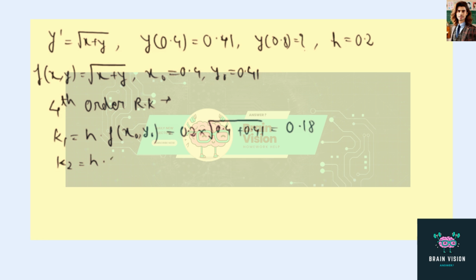Then k2 would be h into f of x naught plus h by 2 comma y naught plus k1 by 2. So if we just put these values here, we would get 0.2 into f of 0.5 comma 0.5.